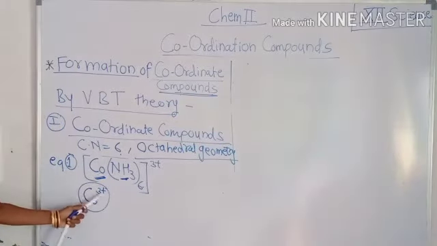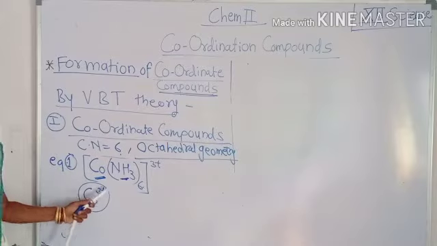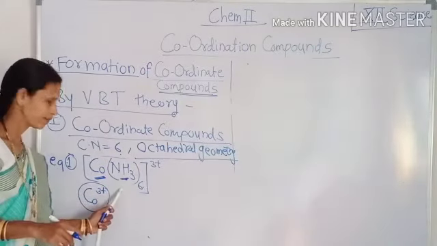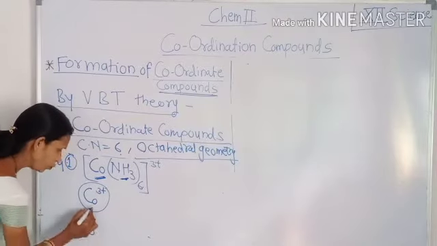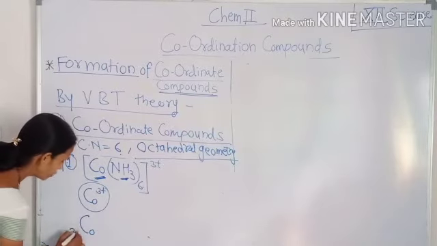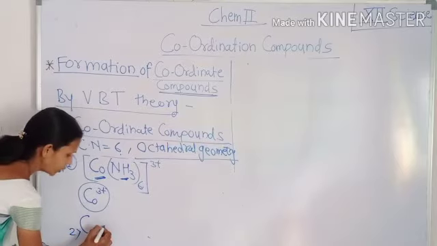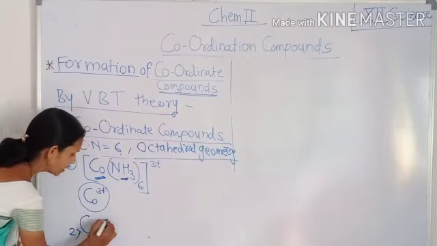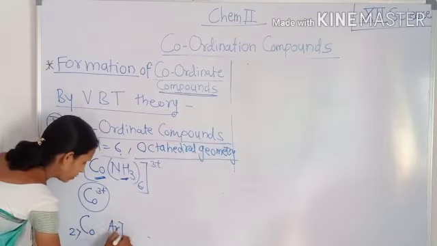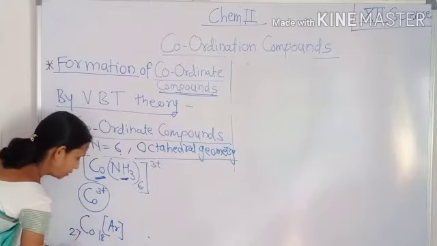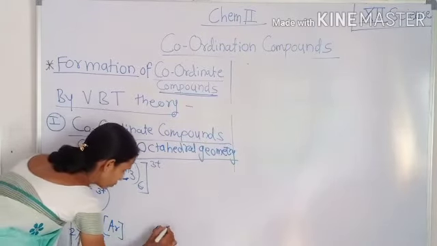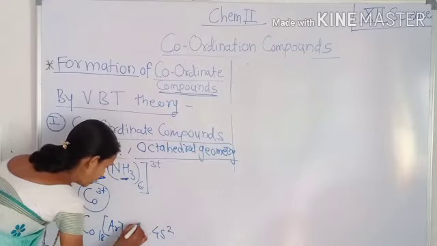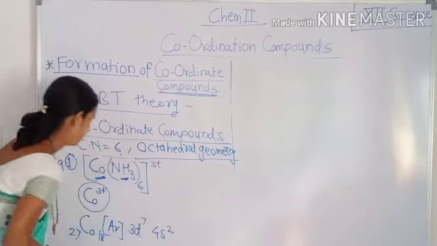That means Co3+ is the central metal ion in this complex. Then the cobalt atom, which has atomic number 27, has electronic configuration argon 18, 4s2 and 3d7.